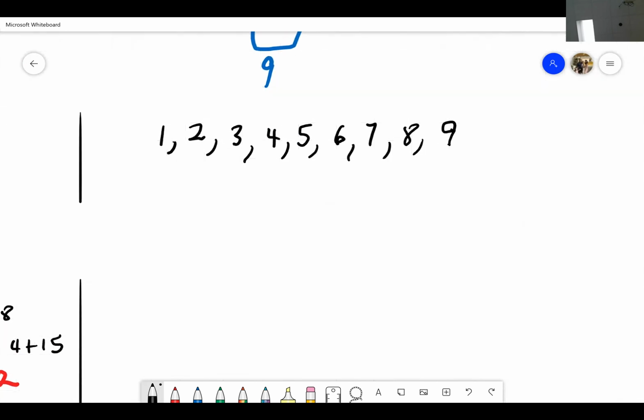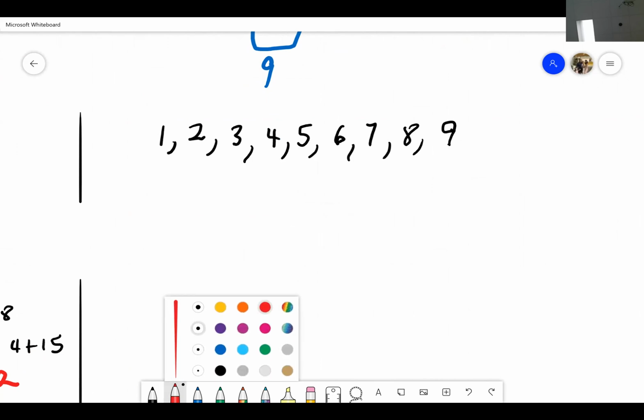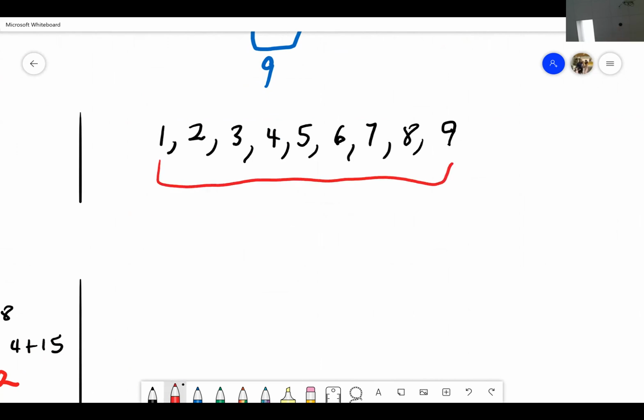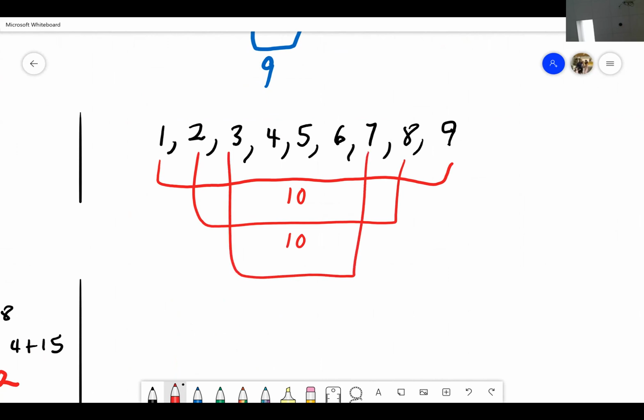So first of all, let me just check this here for a second. 9 plus 1 is 10. 8 plus 2 is 10. 7 plus 3, 10. 6 plus 4, 10.